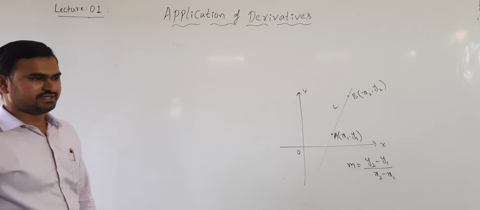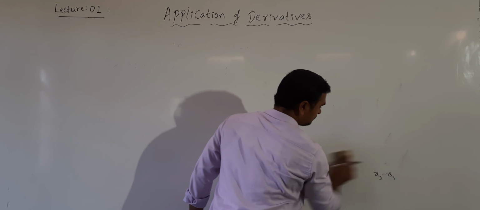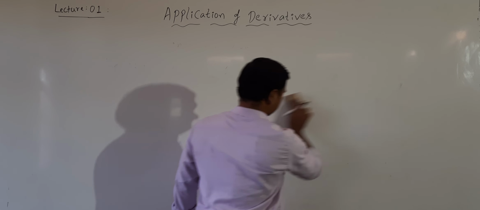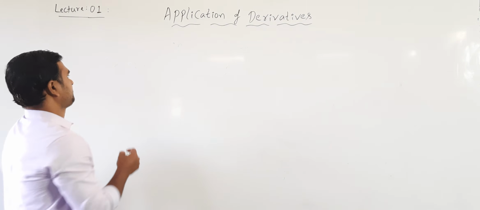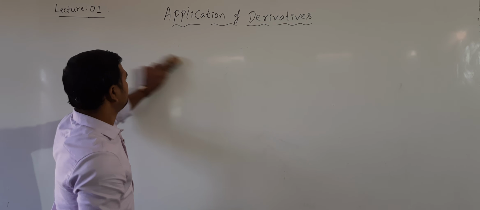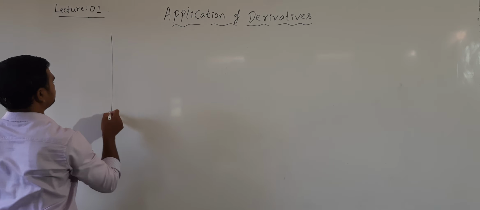Now we will see some particular cases and how to find its slope of line. So if the line is horizontal or if the line is parallel to x-axis, what will be its slope?